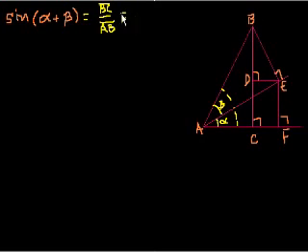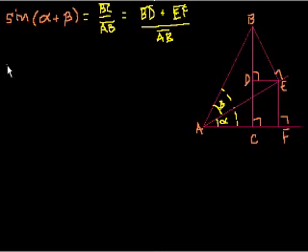So let's write that down. BC is the same thing as BD plus EF, right? And then still all of that over AB. All I did is I rewrote BC as the sum of this segment and this segment, which should make sense to you, hopefully.